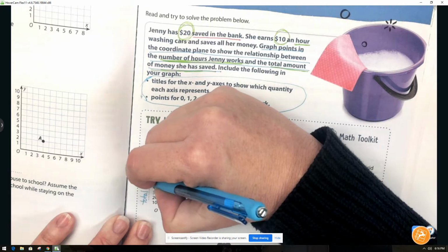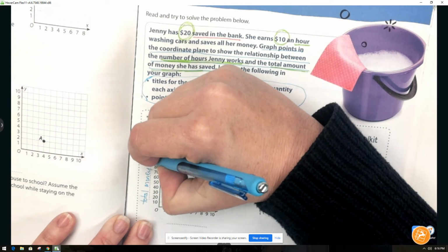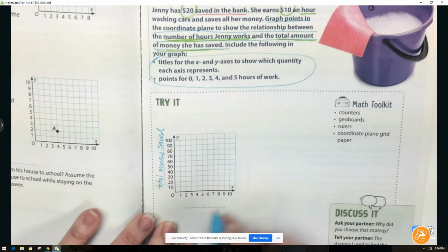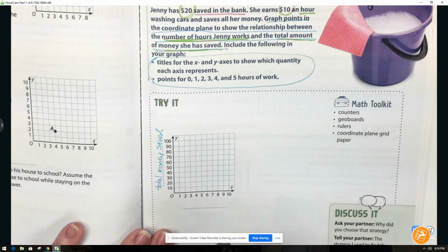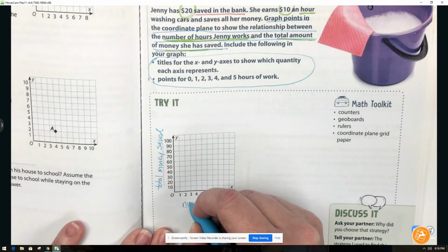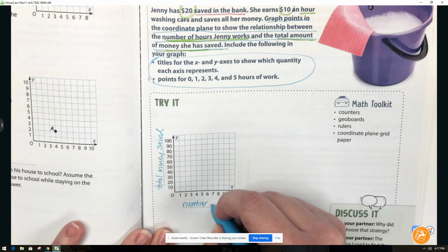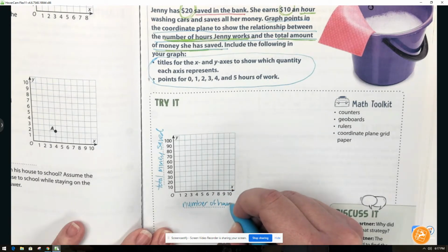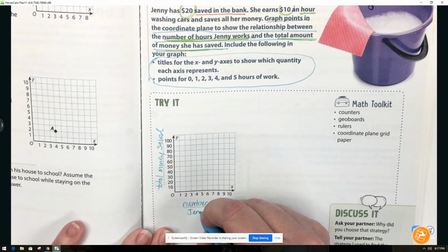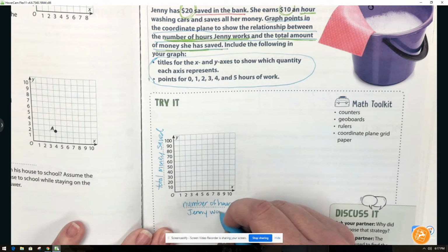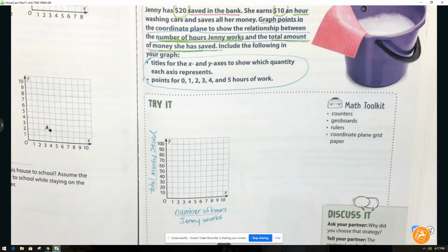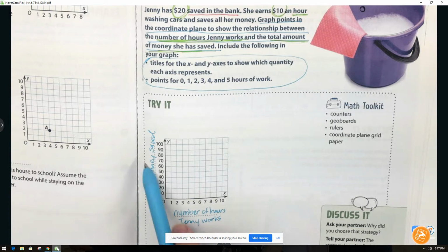Total money saved. And then we're going to label this axis over here the number of hours Jenny works. Now, we've labeled our axes.